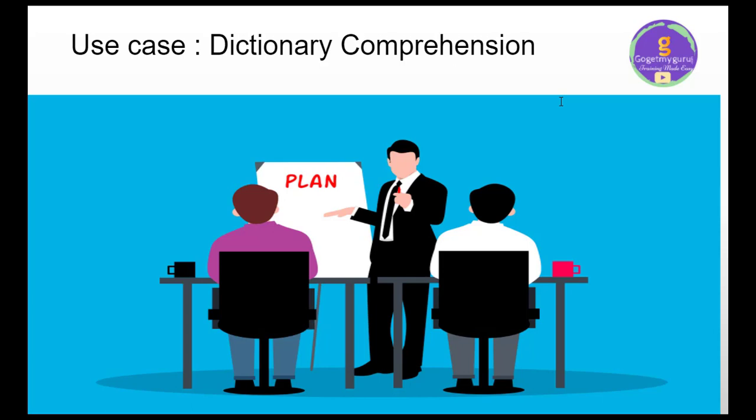What if I want only the employee IDs and their respective names from this database? This can be done using the dictionary comprehension method, wherein I can create a dictionary with employee IDs and their respective names. So let's explore how we can do that.